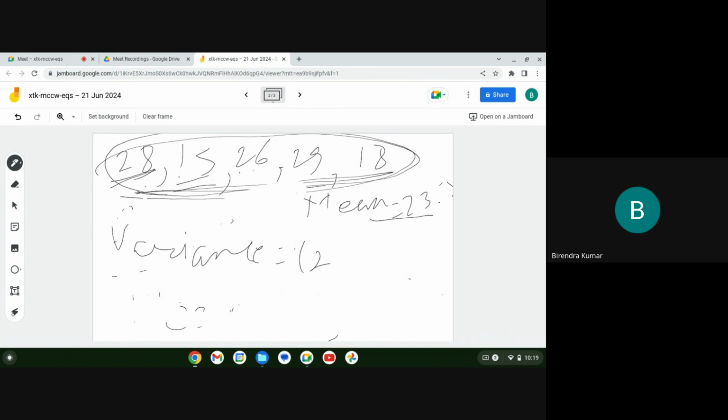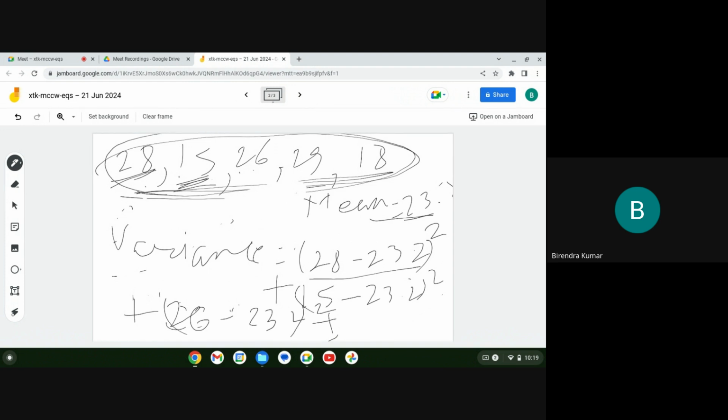So let's look at the first one. First number you took, 28 minus 23.2, square of that. I said sum of all the differences square. So first number and the mean, difference of that. Second number minus the mean, 23.2, square of that. Likewise, you will add all these. So 26 minus 23.2, square of that, plus 29 minus 23.2, square of that.